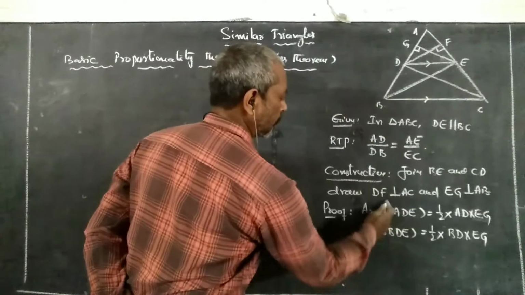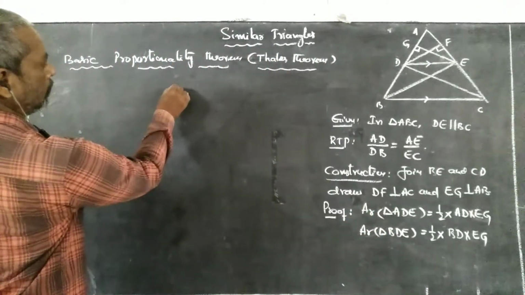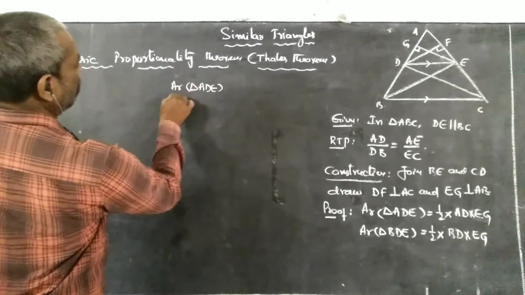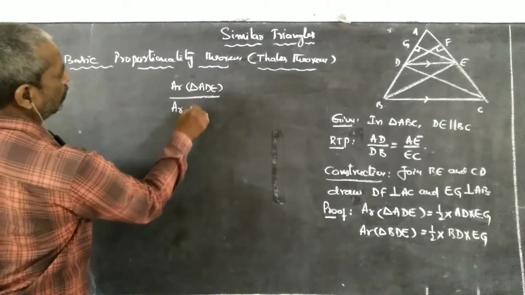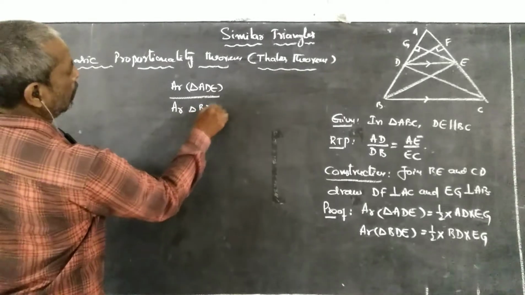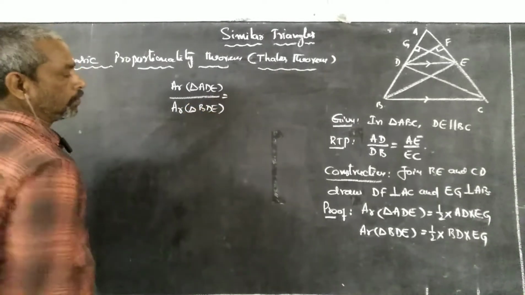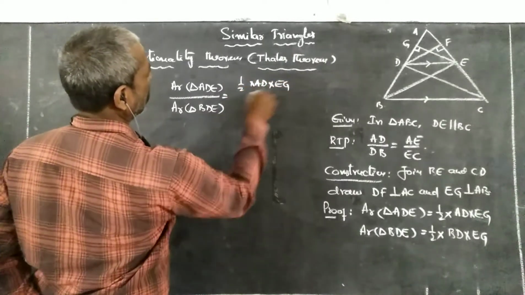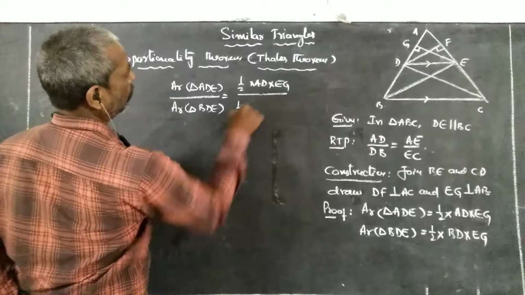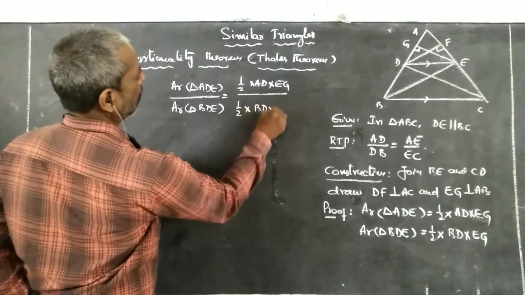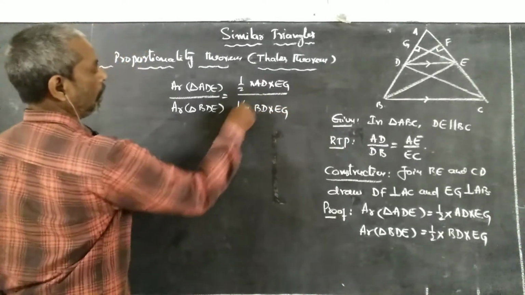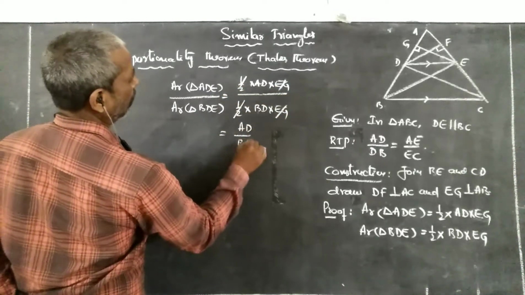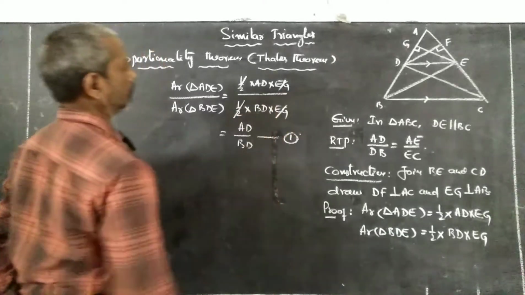Now find the ratio between these two areas. Area of triangle ADE by area of triangle BDE is equal to half AD into EG by half BD into EG. Half cancels, EG cancels, AD by BD. Let it be equation 1.